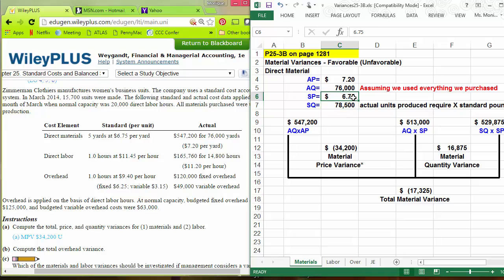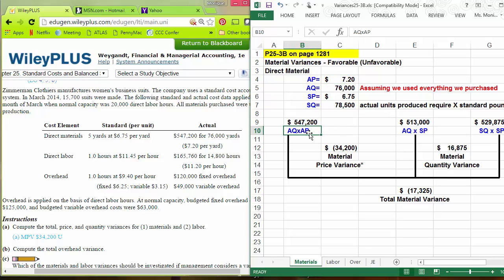And if you look up here on your beginning variables, you'll see that your standard price, you were expecting to pay $6.75, but when you contacted your vendor, they actually charged you 45 cents more a yard than what you were expecting. So you ended up paying a little bit more for the 76,000 yards of fabric that you purchased.